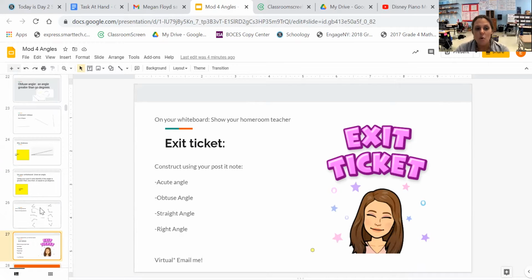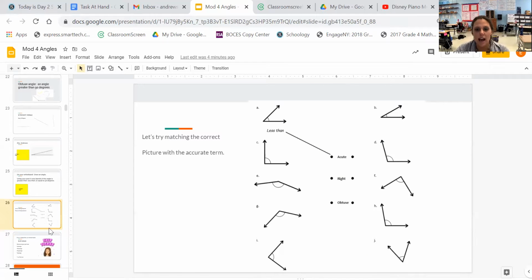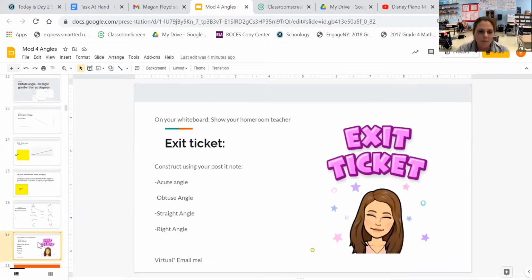All right, thanks for trying that out. Hopefully you had fun trying to identify. Now what I'd like you to do is just to construct. When I say construct, you say build. Construct, construct. Can you show me what would be an acute angle? So you don't have a protractor to measure one out, so you got to find one that's smaller than 90 degrees.